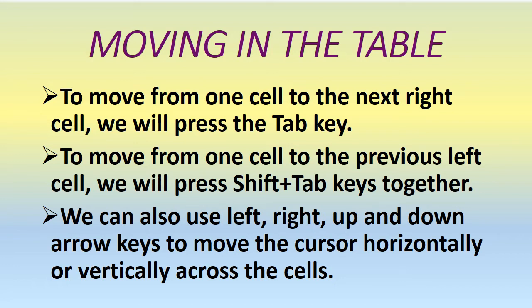So these arrow keys you can also use. Left and right arrow keys move the cursor horizontally, and up and down move vertically across the cells. I think you understood.